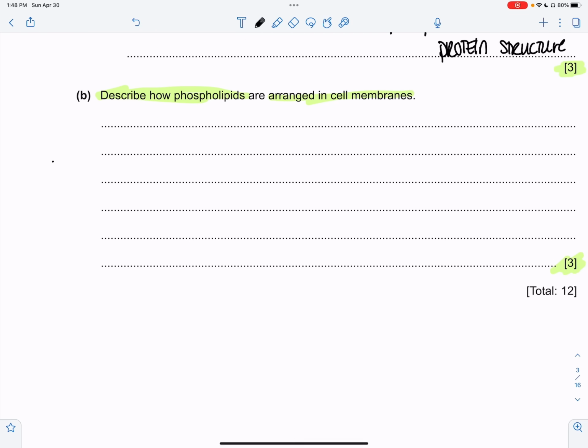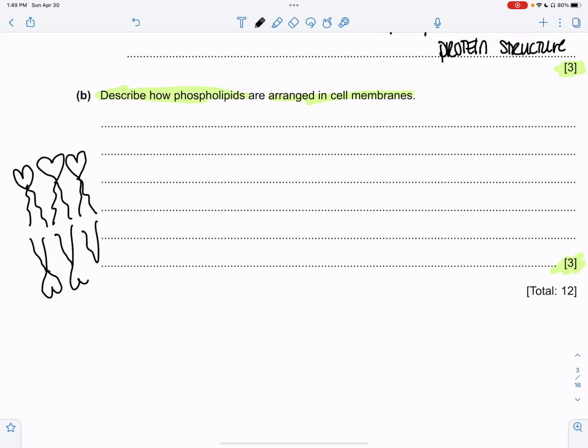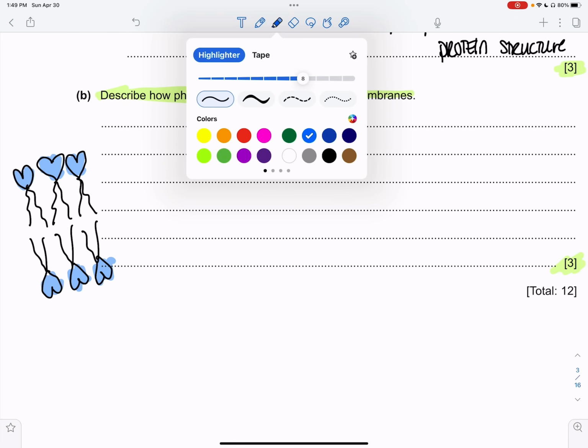Back to my other video, I said sometimes I draw a heart just as a reminder, and that's because they are hydrophilic, which means they love water. Those are the phosphate heads, and they point outwards. They're hydrophilic.